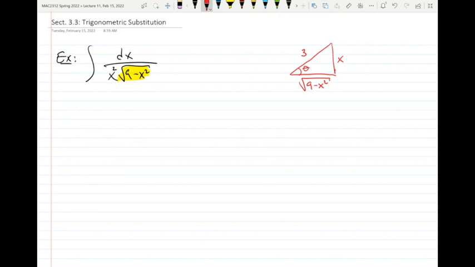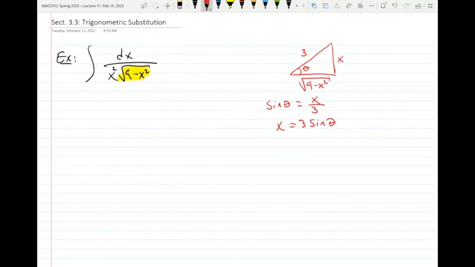For example, now my idea is that I want, instead of x, to make a substitution for theta. Okay, I want to go from x to theta. So using the triangle now, I can do many things. For example, the triangle tells me that sine of theta equals x over 3. So that tells me that x must be 3 times sine of theta. The algebraic way is, without a triangle, you need to memorize that in a situation like this, you have to let x be equal to 3 times sine of theta.